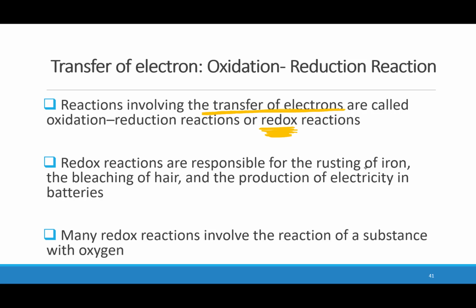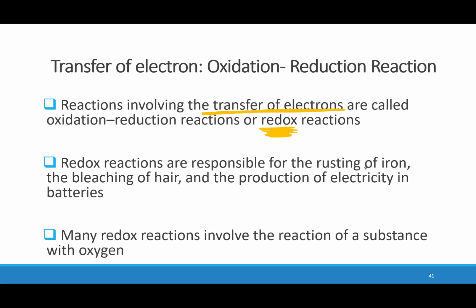In a lot of redox reactions, oxygen is one of the reactants. Whenever you see oxygen as one of the reactants, that reaction is a redox reaction.